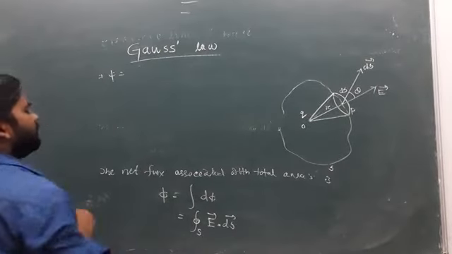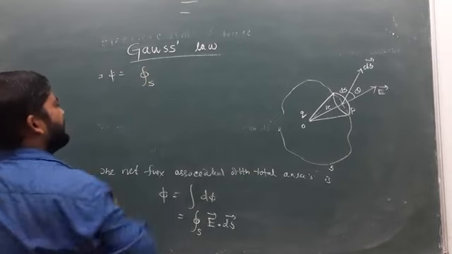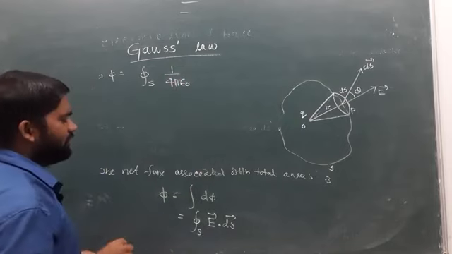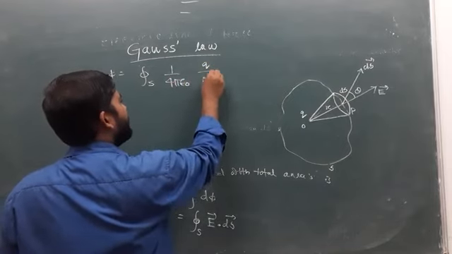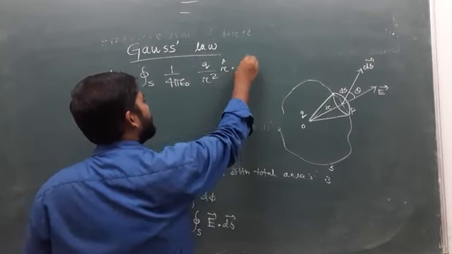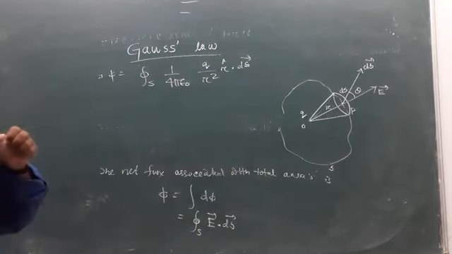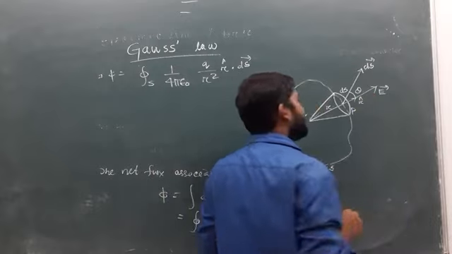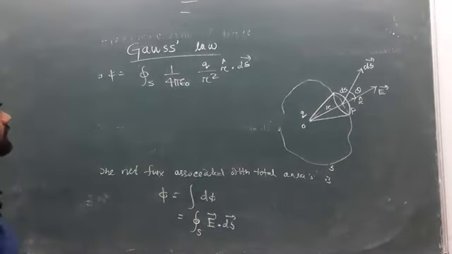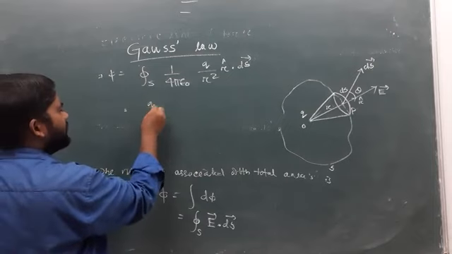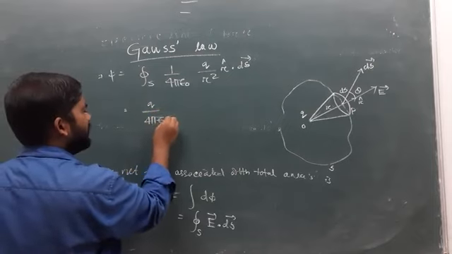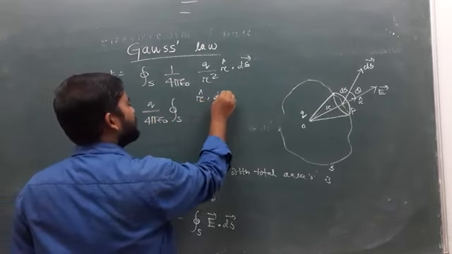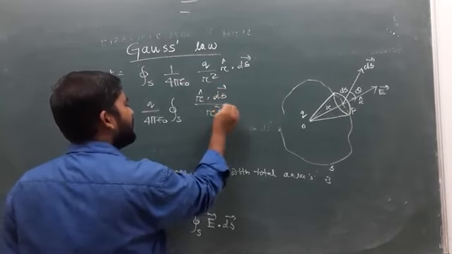So phi equals closed integration S, substituting the value of E, that is 1 by 4 pi epsilon 0 q divided by r square into r cap, dot ds vector. This is the direction of r cap, the radial vector. Take common outside: q by 4 pi epsilon 0 closed integration S of r cap dot ds vector divided by r square.